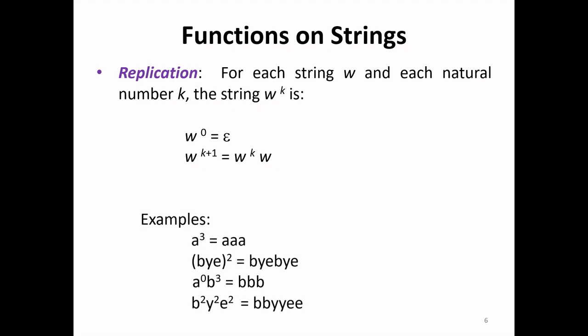For example, a raised to 3, that is, a is replicated 3 times. So, the possible string is aaa. By is repeated 2 times. So, the possible string obtained is byby.